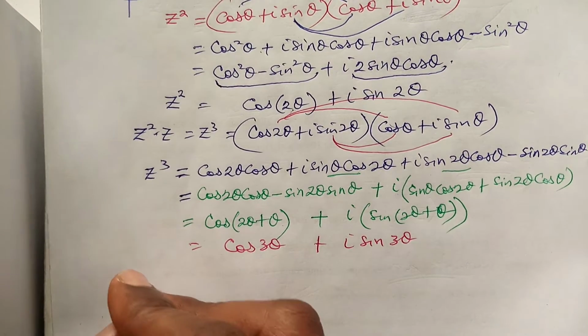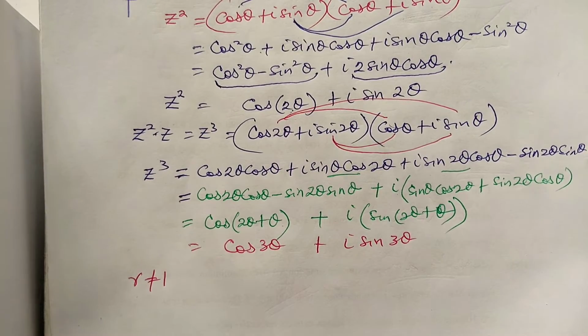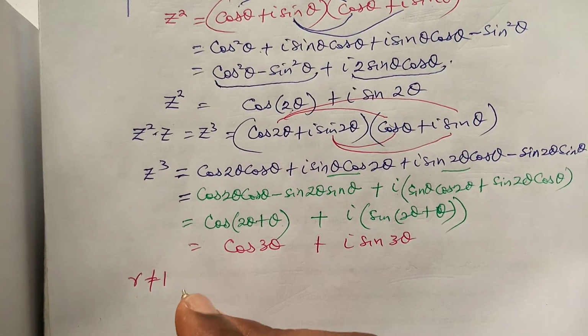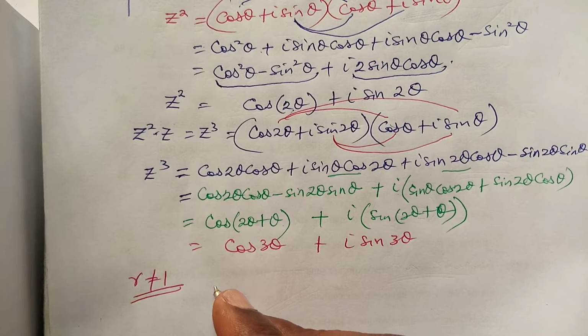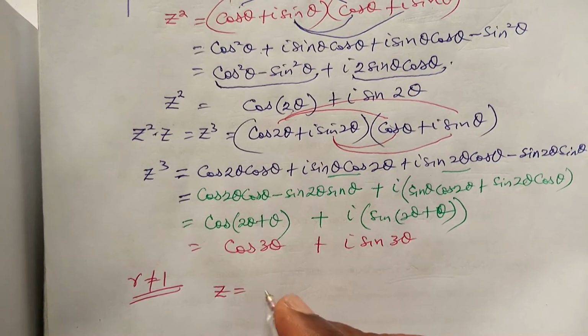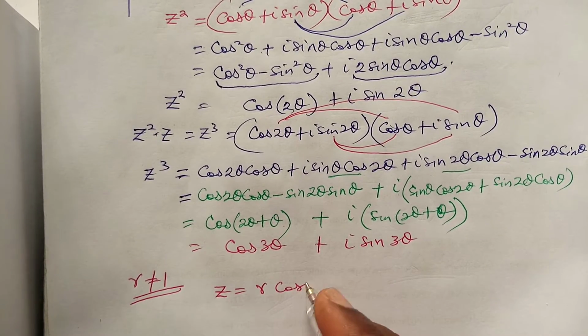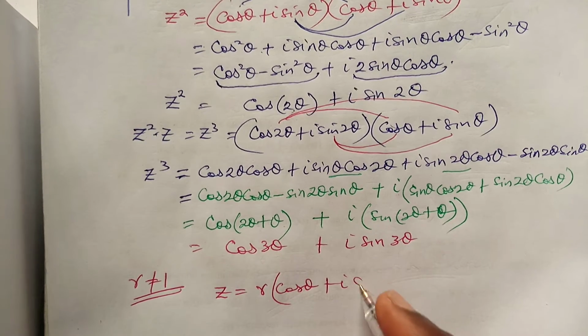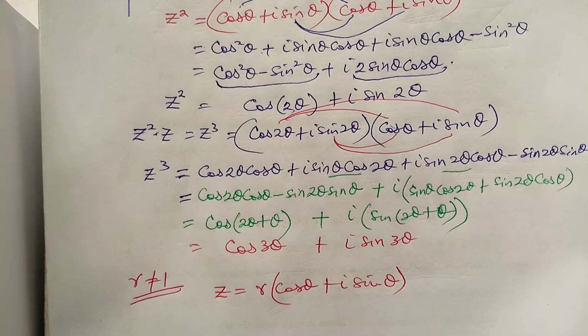Assuming that r is not equal to 1, our z is r times cos theta plus i sine theta.